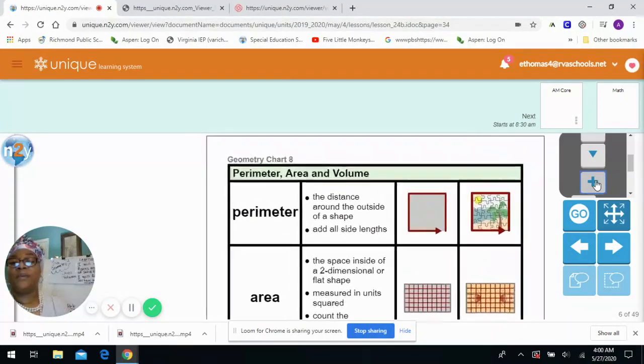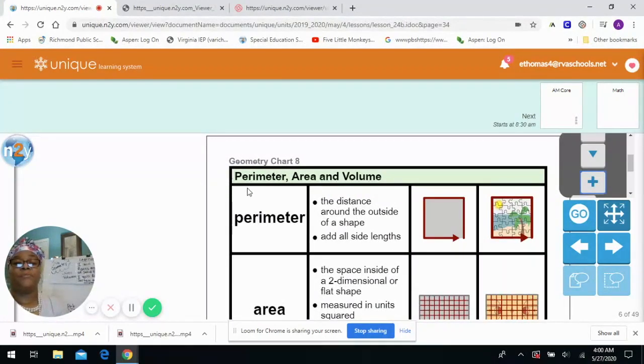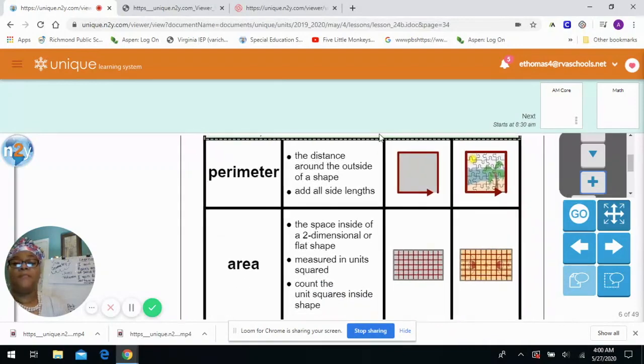It's chart number 8, and it's the perimeter, area and volume. The perimeter is the distance around the outside of a shape. Add all the side lengths. Area is the space inside a two-dimensional or flat shape, measured in units squared.